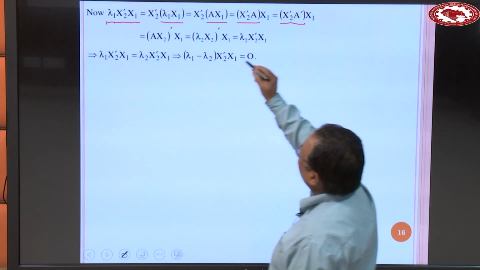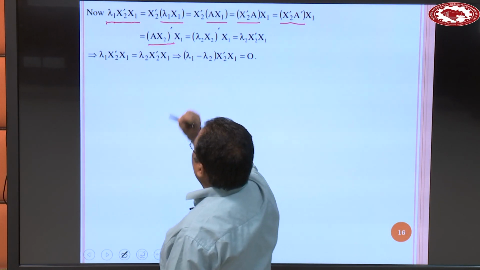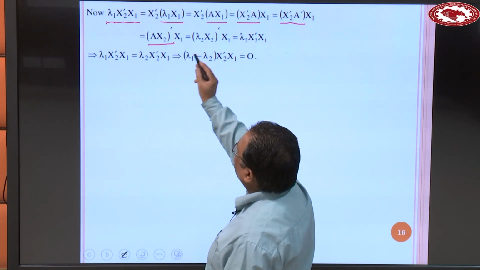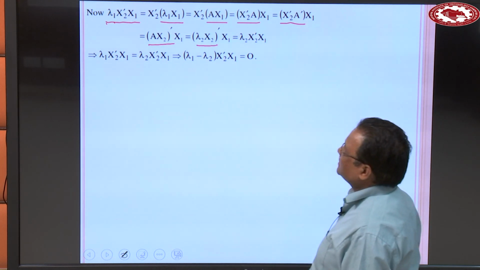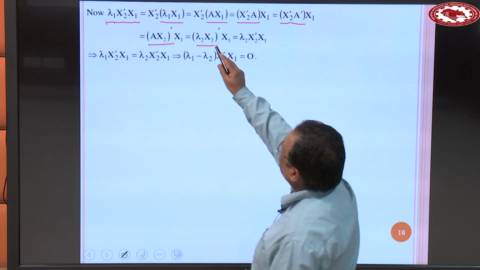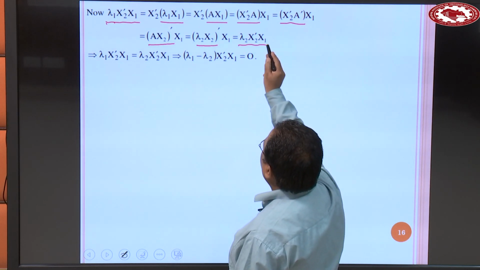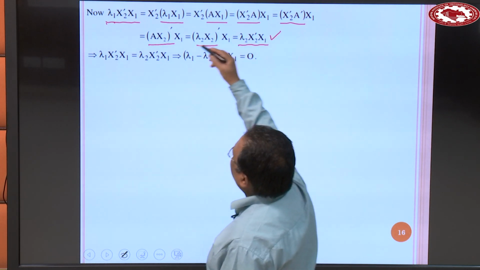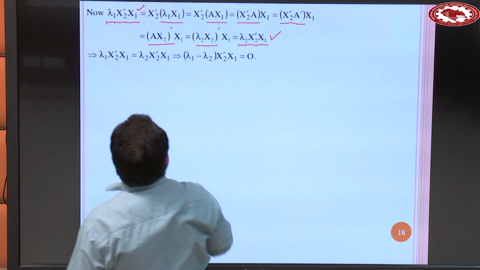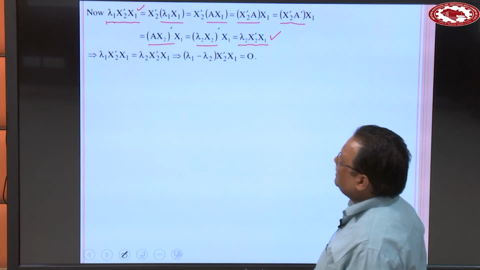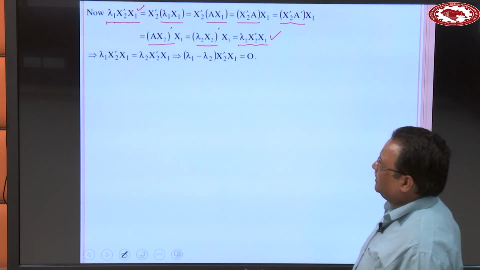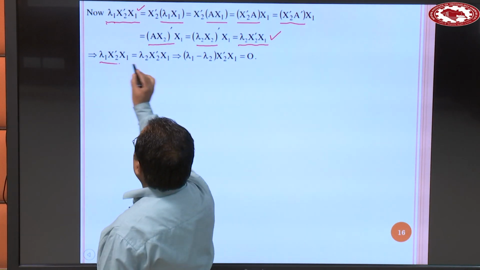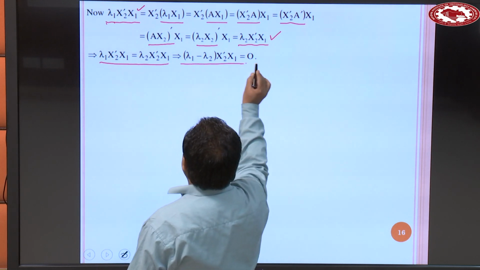And this result can be written as Ax2 dash x1, and Ax2 is lambda 2 x2, so this becomes lambda 2 x2 dash x1. So this result and this result, see the difference. Lambda 1 x2 dash x1 is equal to lambda 2 x2 dash x1. This means both are equal. This means this result is equal to O.